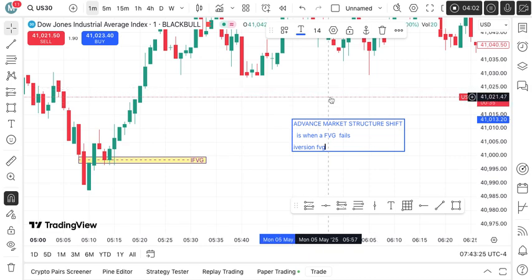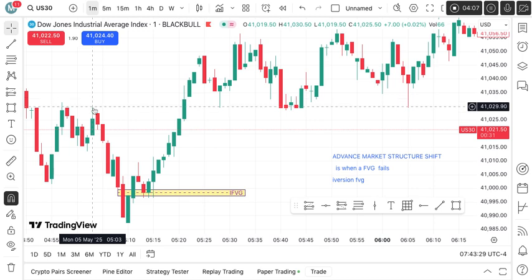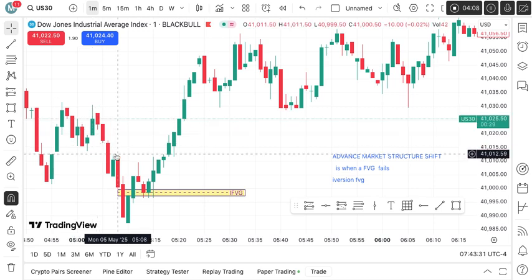So in this case, the price has not shifted bullish yet because the displacement has not yet happened.